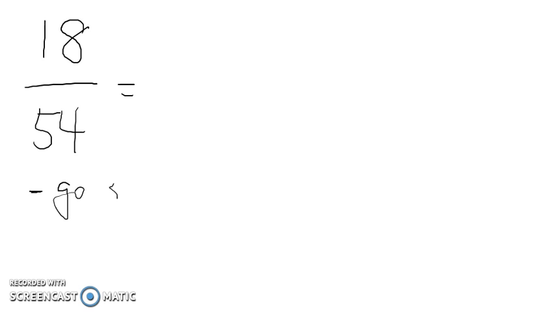Lastly, let me give one more example that seems a little bit more complex. 18 over 54. We should all realize there are multiple factors. Both of them can be divided by 2, by 3, by 6, by 9 if you want. My suggestion here would be, let's go in small steps.